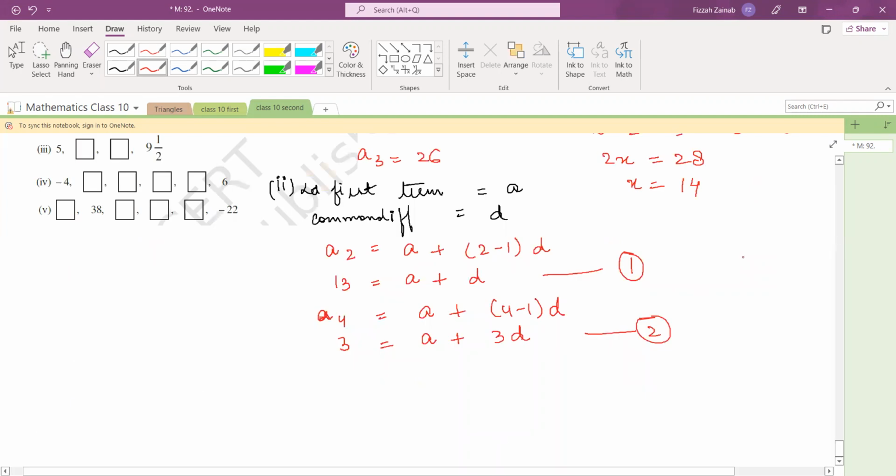Have you solved it? Ma'am, d is -5 and a is 17.